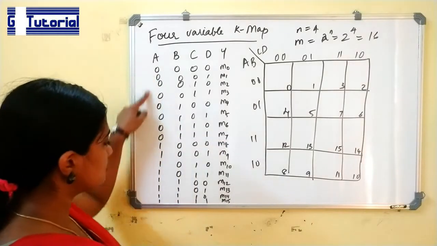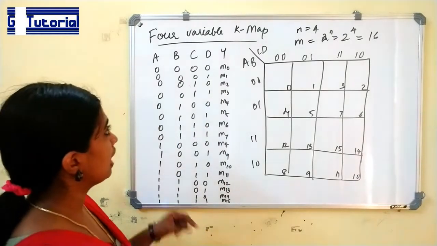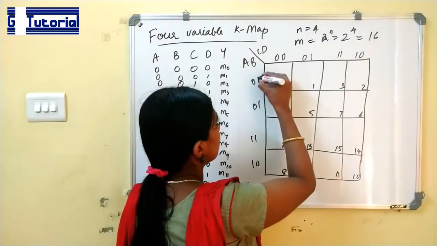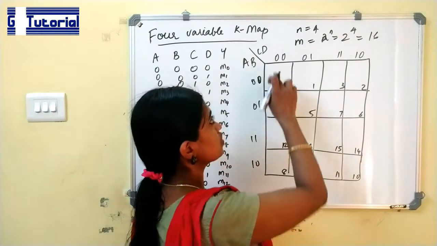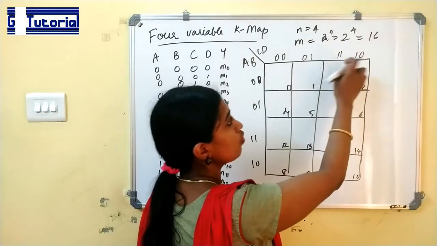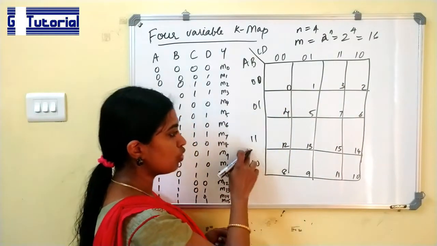The possible combinations are 0, 0, 0, 0 to 1, 1, 1, 1. And we have learned that between adjacent cells of a K map there should be only a one bit change. So 0, 0, 0, 1, 1, 0, 1, 1. Similarly here also 0, 0, 0, 1, 1, 0 and 1, 1.